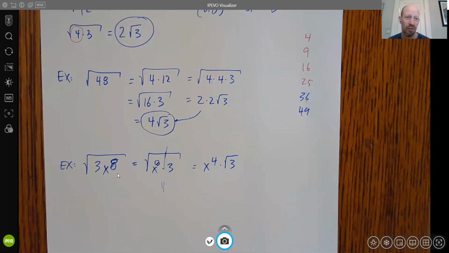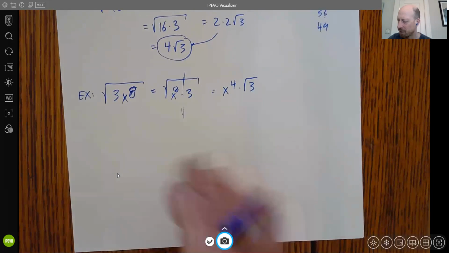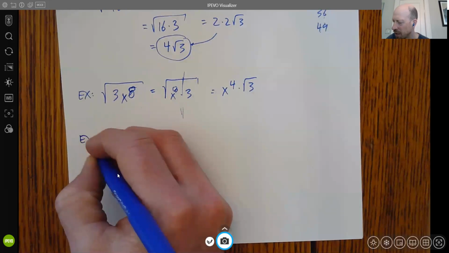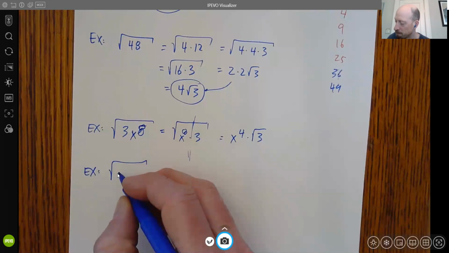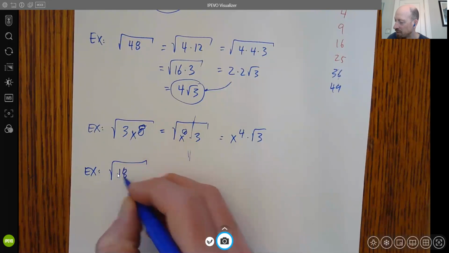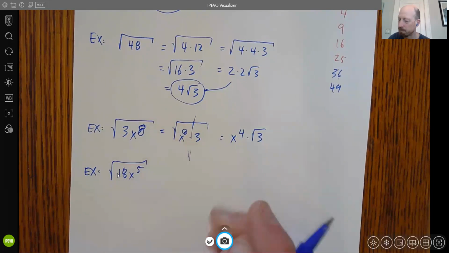And I personally think it's helpful to be able to kind of switch back and forth. So let's see another example of that. I'm not sure this one that we just did was the best. Let's try the example 18x to the 5th.